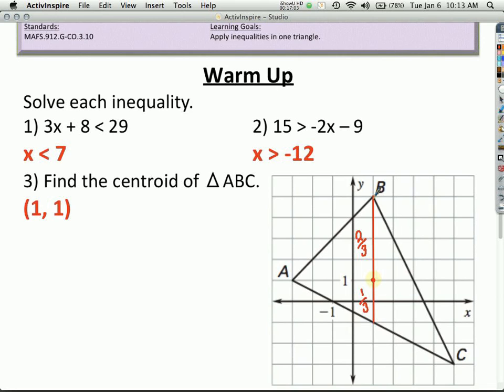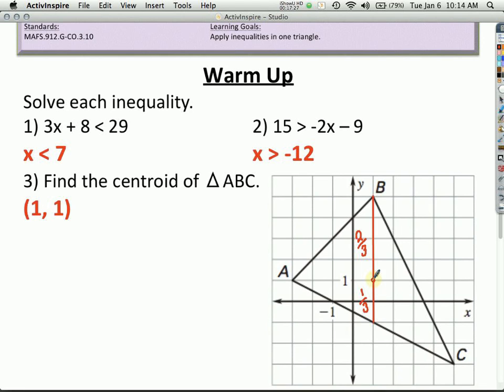It's 6 units. 2/3 of 6 is 4. 1, 2, 3, 4. There's the centroid right there. So centroid, very special point in a triangle. Remember, it's also the balancing point. So very, very important. Any comments, questions on number 3?